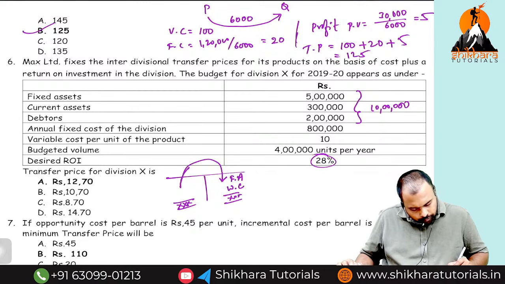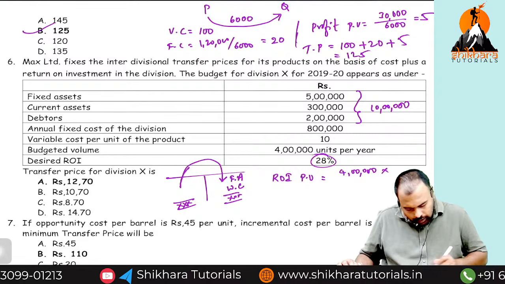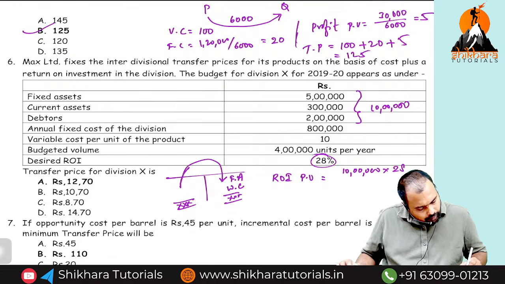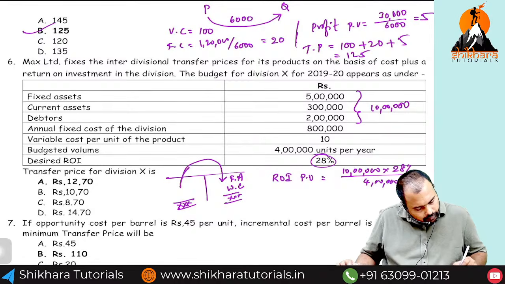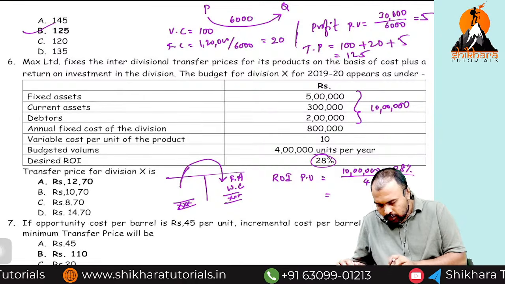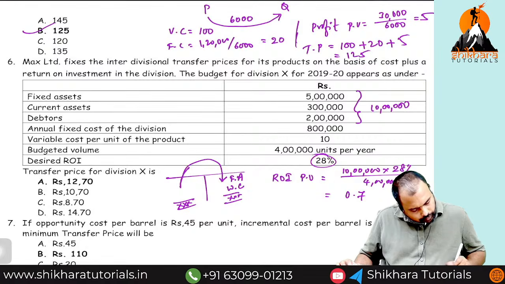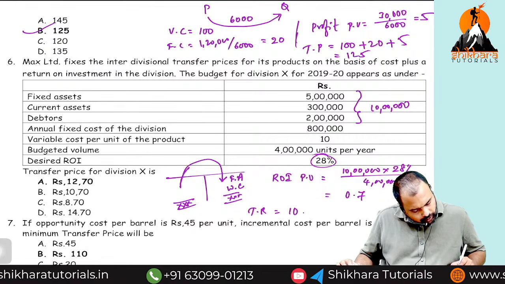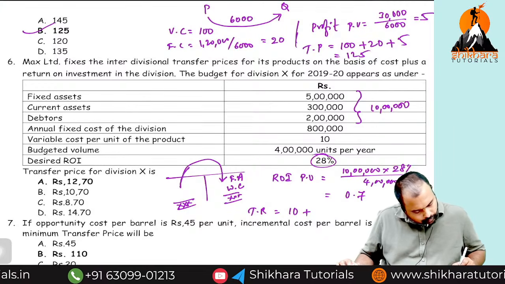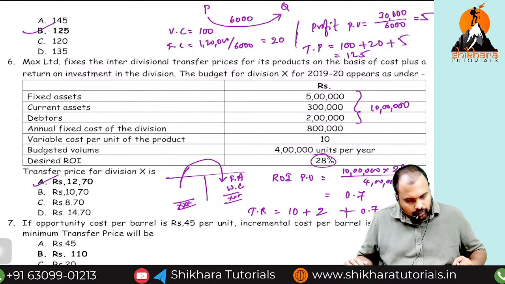So what is the ROI per unit? 10 lakhs into 28% divided by 4 lakhs, which is 2,80,000 by 4 lakhs, equal to 0.7. The transfer price is equal to variable cost 10, plus fixed cost 8 lakh by 4 lakh, which is 2, and ROI 0.7, which totals 12.7. So A has to be the answer. Next.